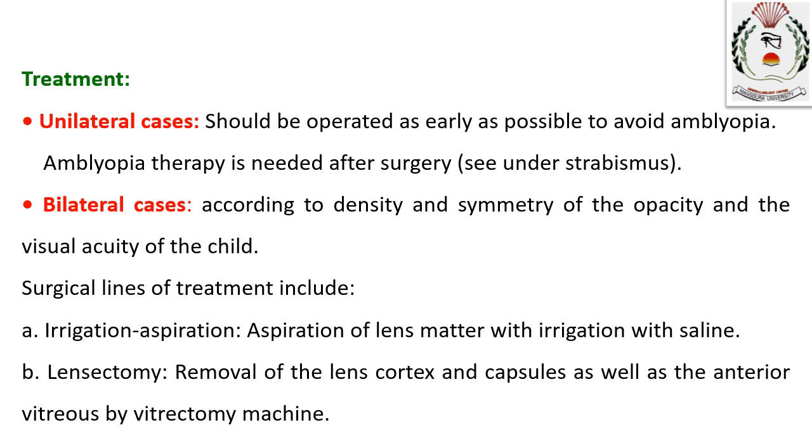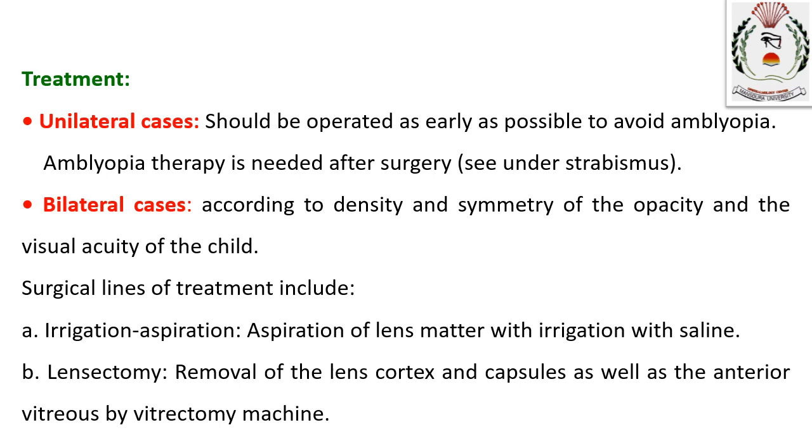And after operation, we have to do amblyopia therapy for the child, as you discussed in strabismus. Amblyopia therapy is done by occlusion of the normal eye for a certain time every day for training of the diseased eye after surgery. So unilateral cases are more dangerous.